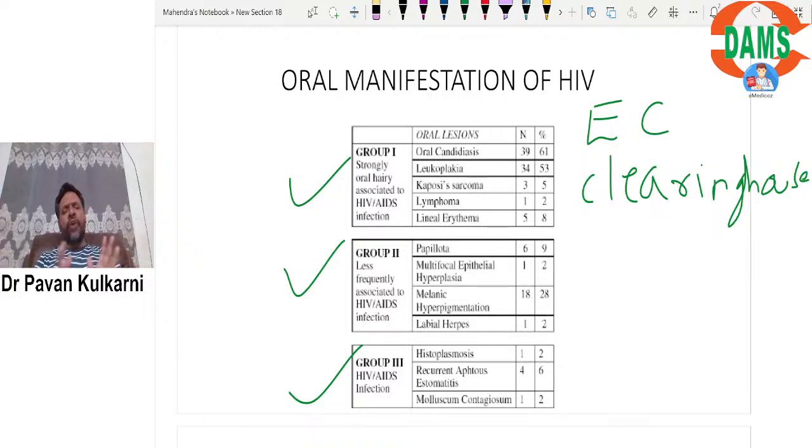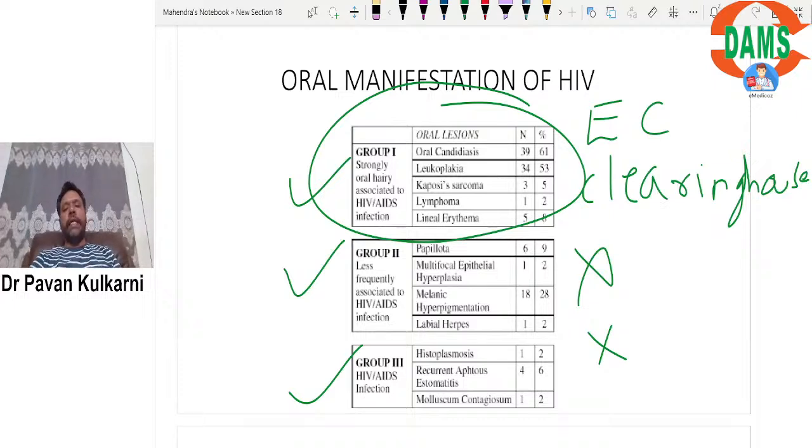All others are less common and rare. Forget about groups 2 and 3. They won't ask you. They will ask you only on this group 1. Group 1 is very important, which are strongly associated. That means these are frequently seen in HIV positive patients.